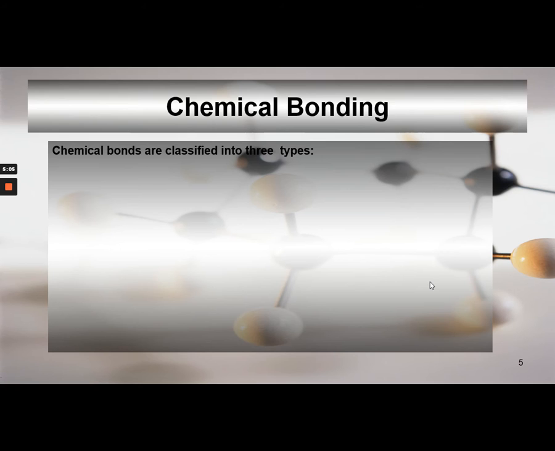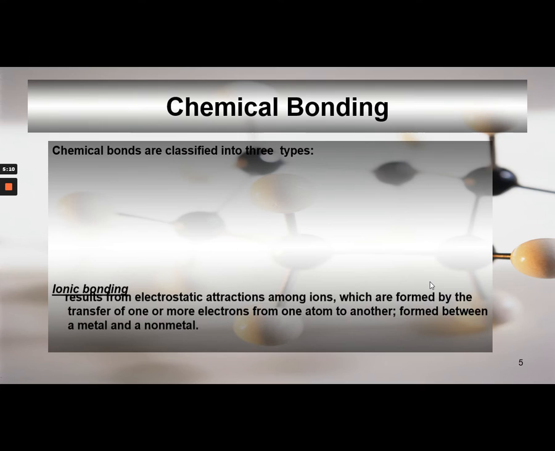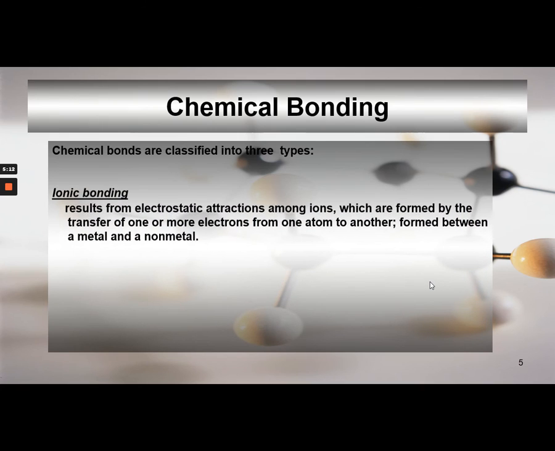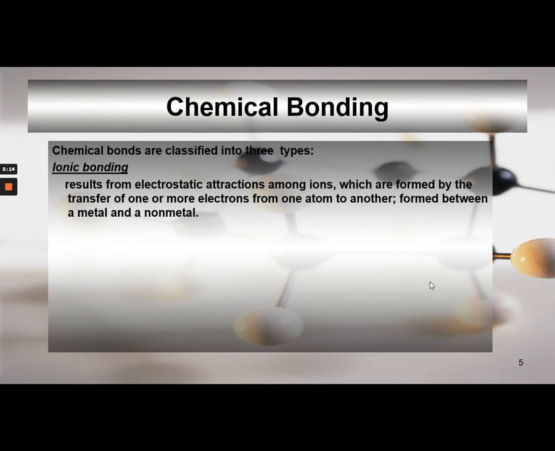Chemical bonds can be classified in 3 ways. Ionic bonding is the electrostatic attraction among ions, because opposite charges attract, formed from the transfer of one or more electrons from one atom to another, usually between a metal and a nonmetal.